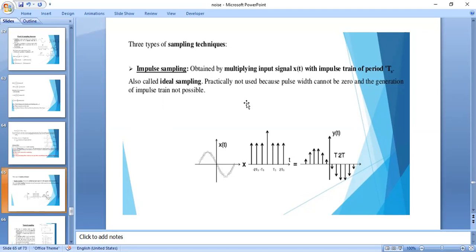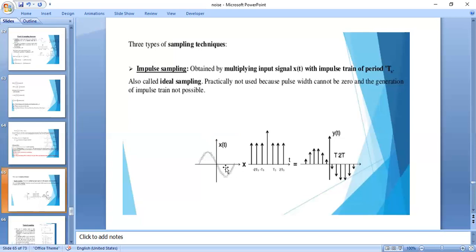Why? Because it is not possible practically. In the graphical representation, the width of the impulse cannot be zero, but practically a pulse width exists. So impulse sampling is not possible practically, because the pulse width cannot be zero.